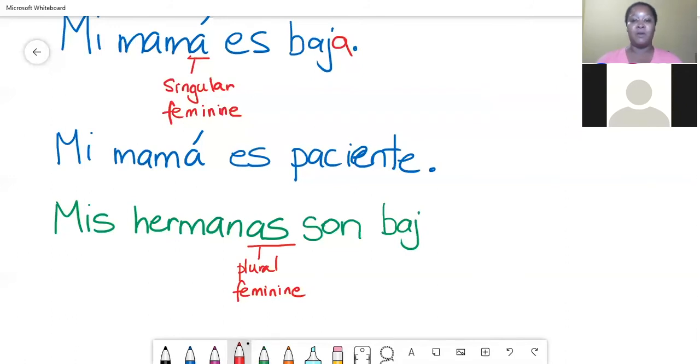And so this becomes bajas. Now, if this were, for example, your brothers, mis hermanos, it would be mis hermanos son bajos, for the bajos rather, to match the hermanos.